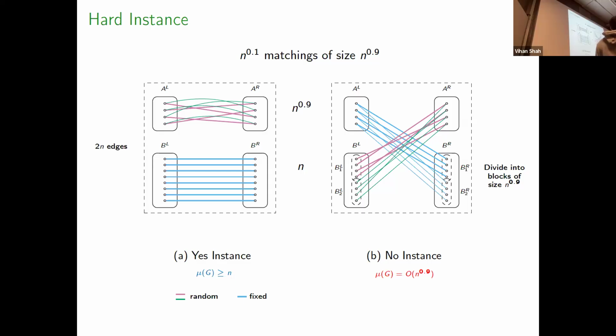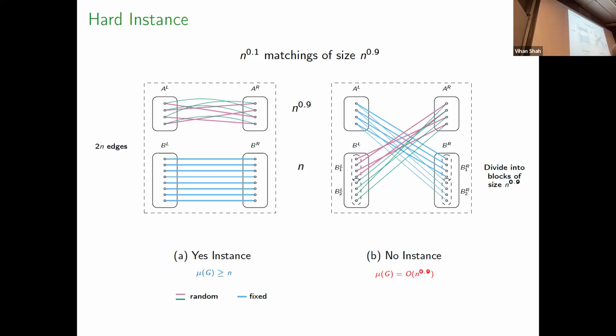Basically there are n vertices here and n vertices here, and the same over here. And over here at the top, how are these edges arranged? These n edges are basically n to the 0.1 matchings, each of size n to the 0.9. So you add a bunch of perfect matchings between these.